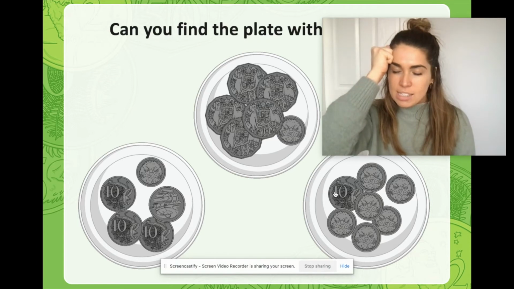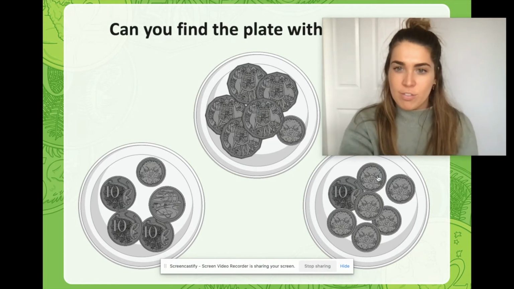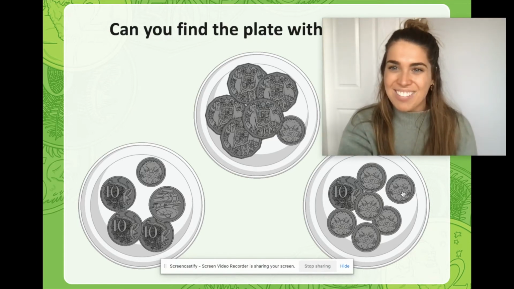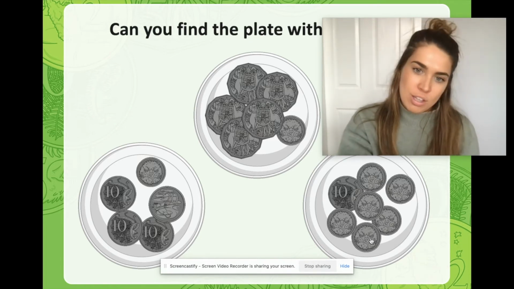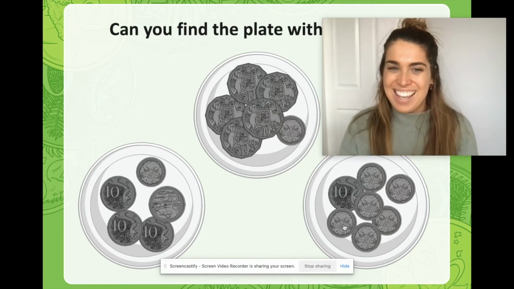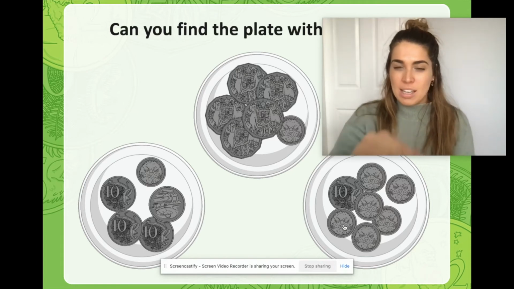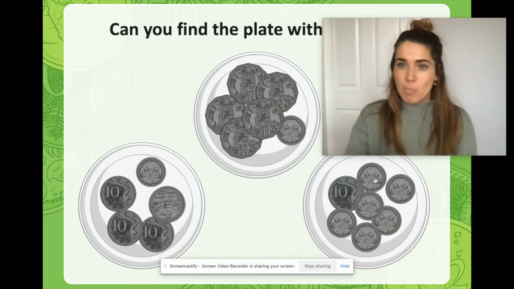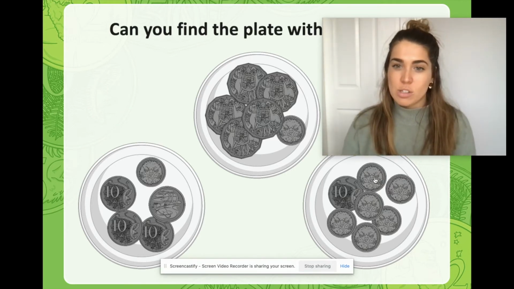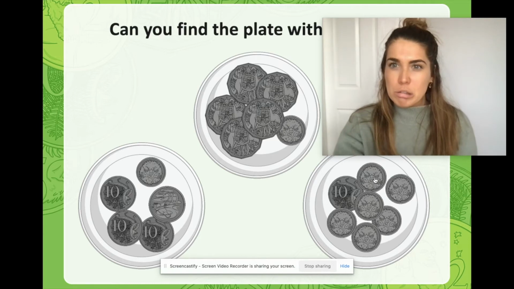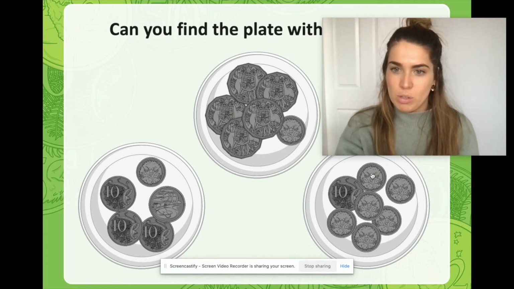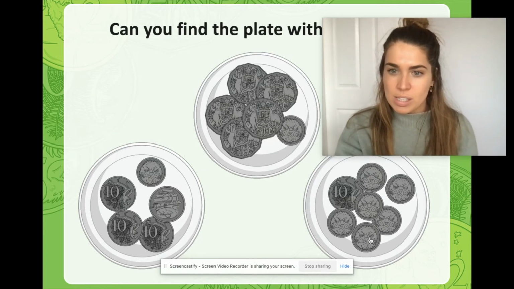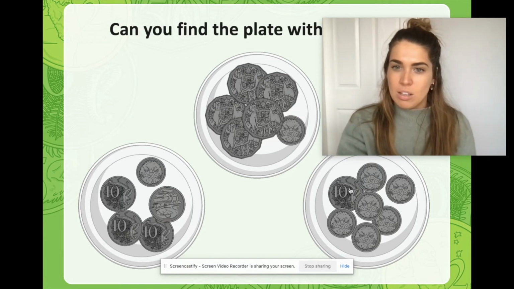Starting on 10, let's skip count by 5, 15, 20. Count out loud with me. 25, 30, 35, 40. And when I'm counting coins, do you notice how I'm pointing to each one? If you had a piece of paper, you could be crossing each one out as you counted it. That way you don't get too confused and lost where you are up to.